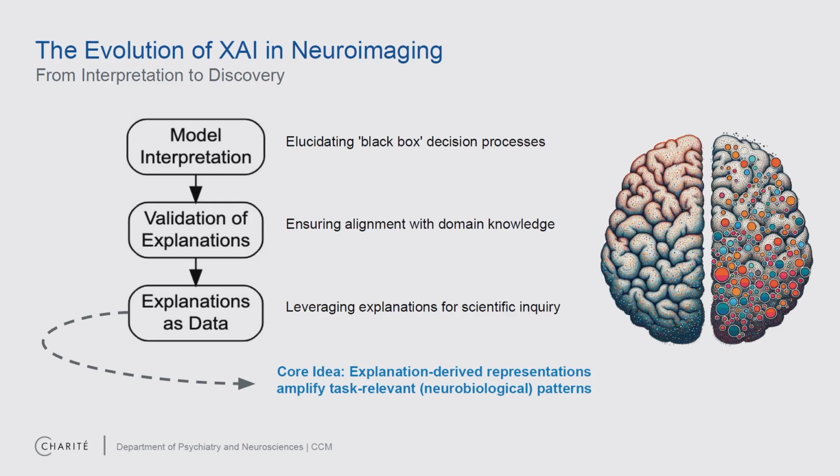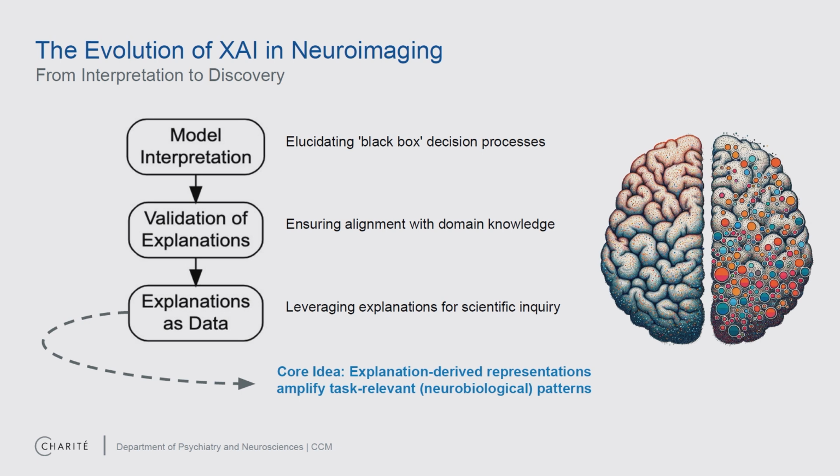In the last two talks, we've already engaged with this idea of explainable AI to break this veil of blackboxness around machine learning models. We've talked about validating these explanations for machine learning model predictions.